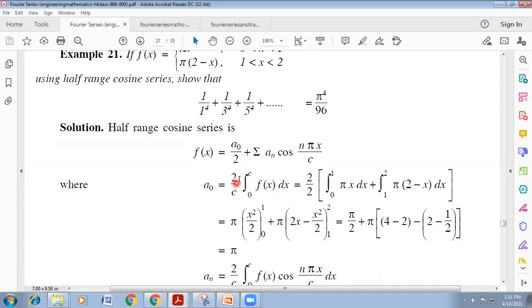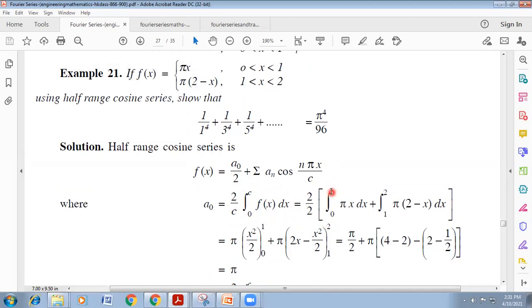Just putting c equals 2 here, we get this limit 0 to 2 can be written as 0 to 1 for the first function, and 1 to 2 for the second function. So we can divide this 0 to 2 integration into two parts. Now integrating with respect to x, we get x square by 2.